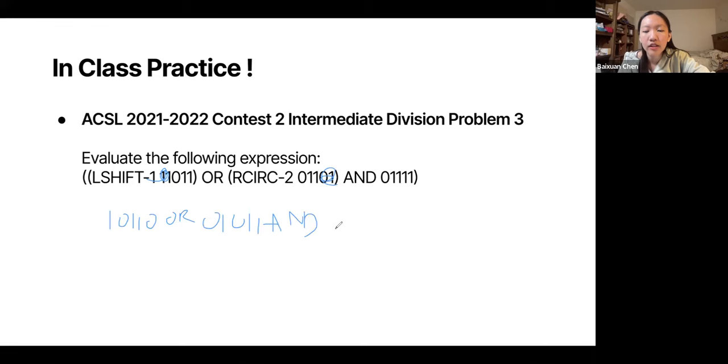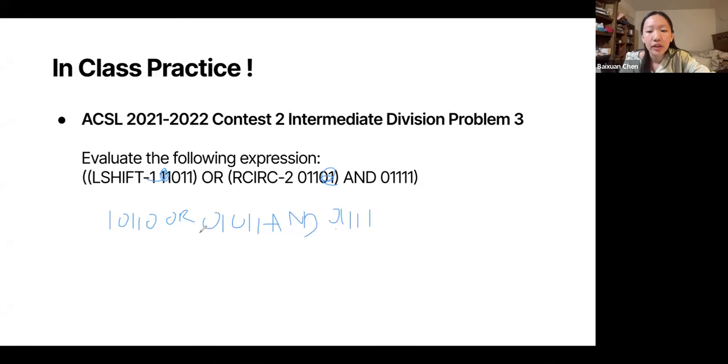It will be 5 ones because there's 5 bits in the original one. The answer will always have the same number of bits as the problem. Okay, and 0 1 1 1 1.